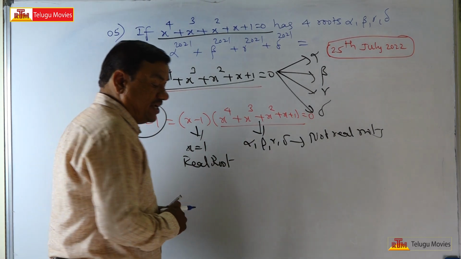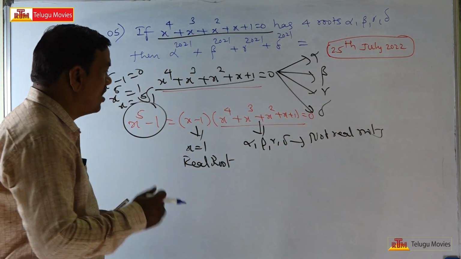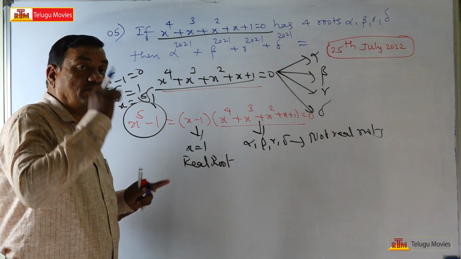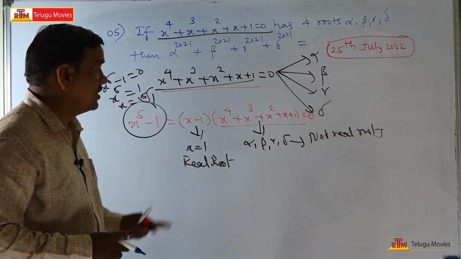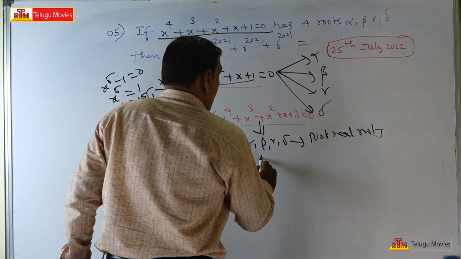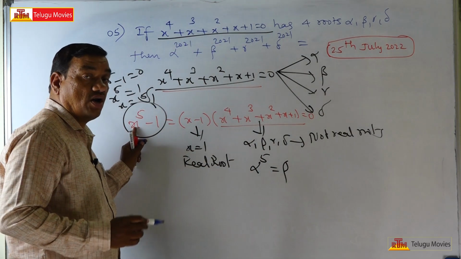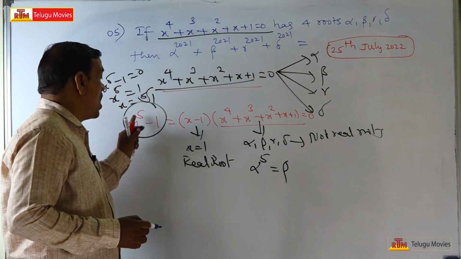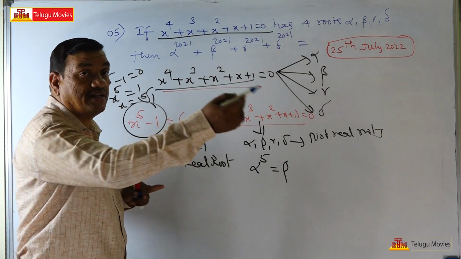The next thing is, here we already know the nth roots of unity. So x to the power of 5 is equal to alpha to the power of 5, and alpha is a root of this, so alpha to the power of 5 minus 1 is equal to 0, beta to the power of 5 minus 1 is equal to 0.